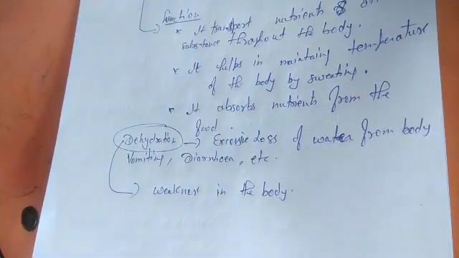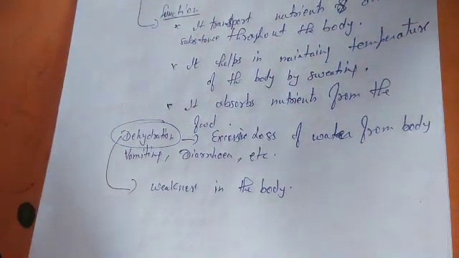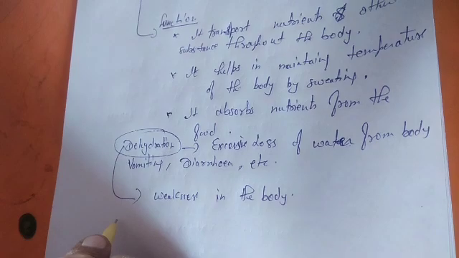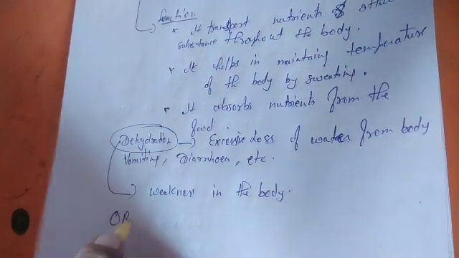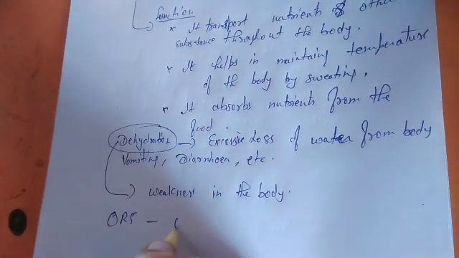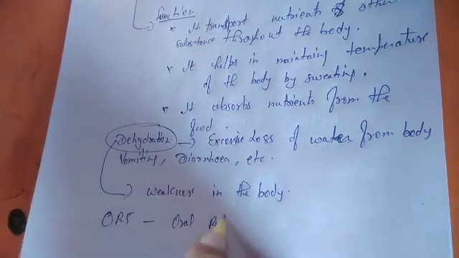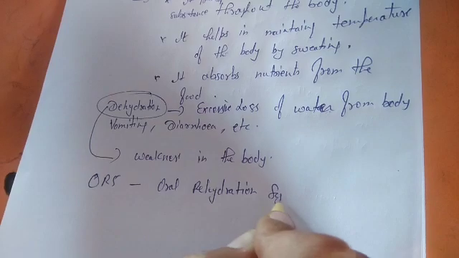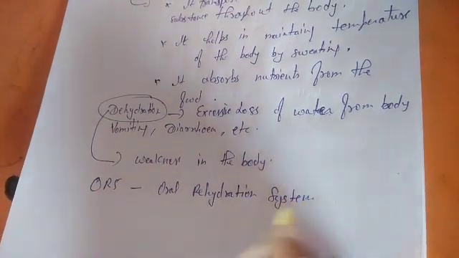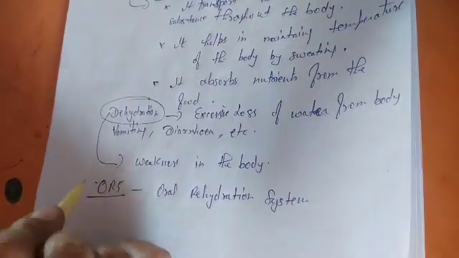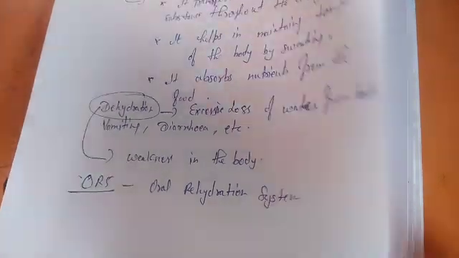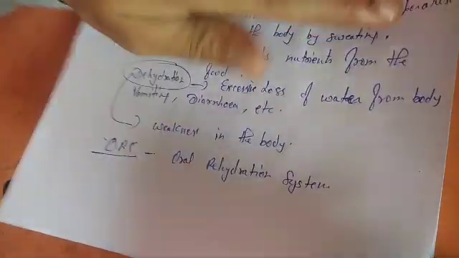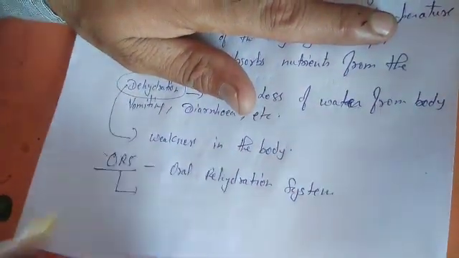So that's why we should rehydrate. How? First, they are telling ORS. ORS is known as oral rehydration system. ORS is available at public health centers free of cost, but you can prepare ORS as well.